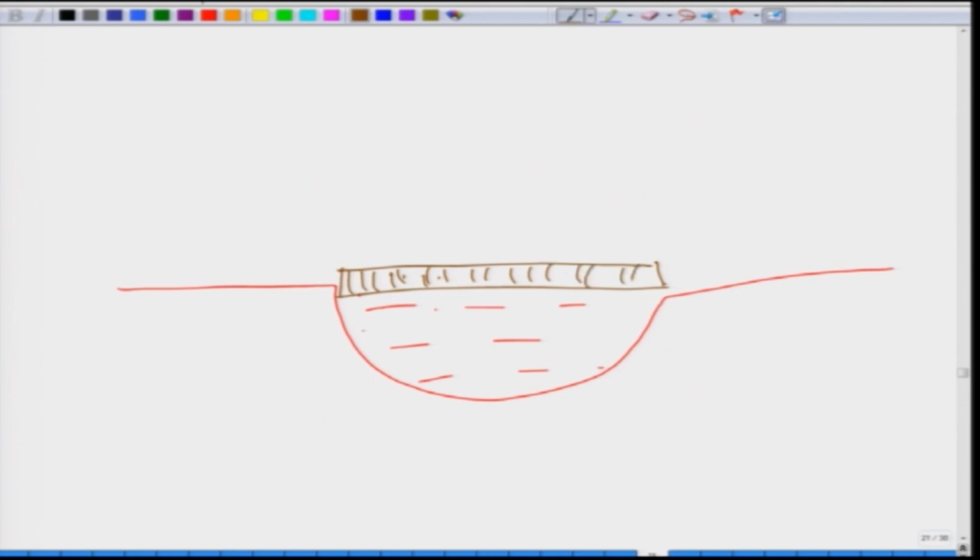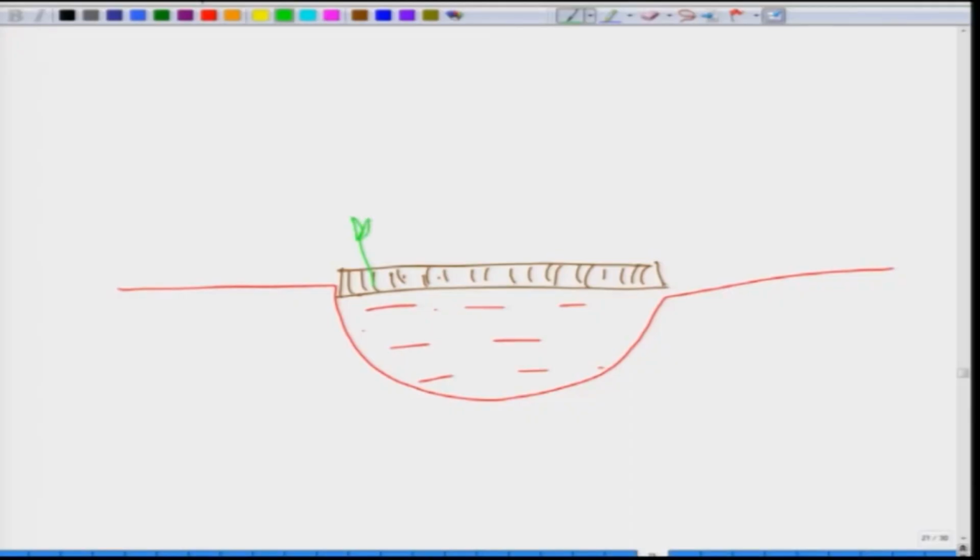Now, on this layer of soil you want to grow the trees. We cannot go for natural regeneration or assisted natural regeneration in this area, because we do not have any mother trees in this area. But in the case of artificial regeneration, because we are planting saplings into this area, we can bring these saplings from other areas, and so artificial regeneration can be used in such areas as well.